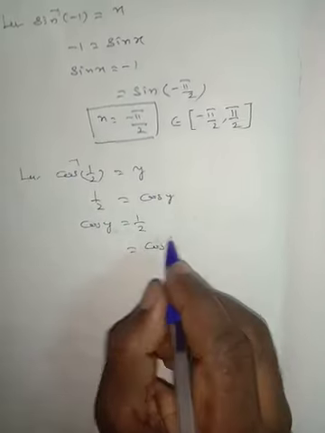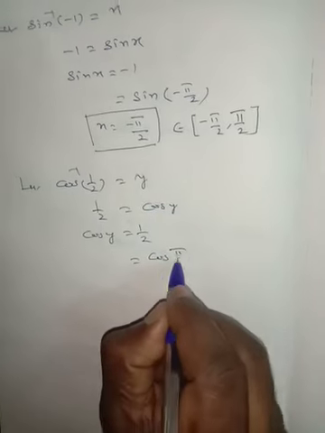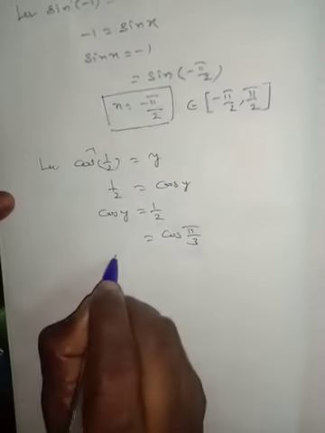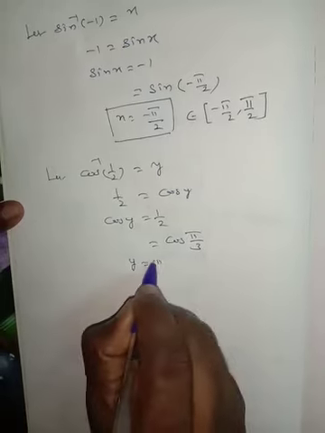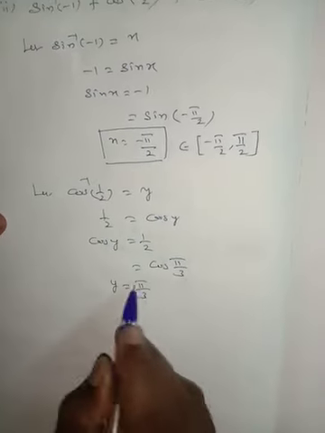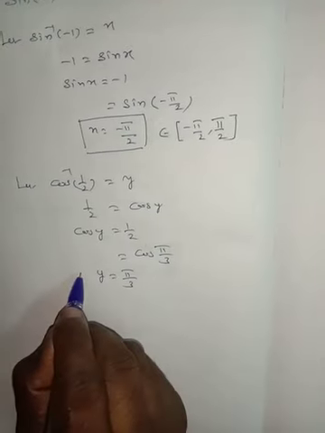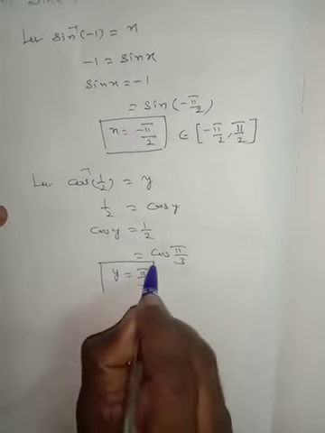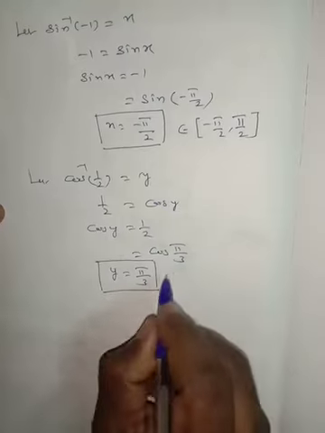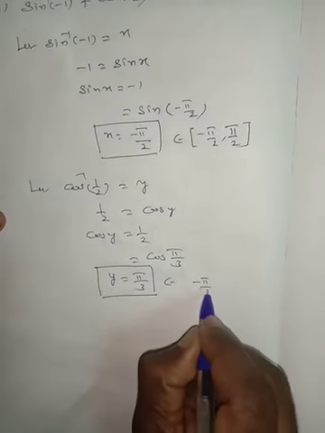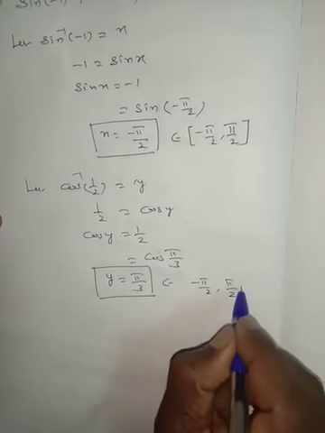Cos 60 is 1 by 2. Now y is equal to pi by 3. Pi by 3 means 60 degrees, and it belongs to the interval 0 to pi.